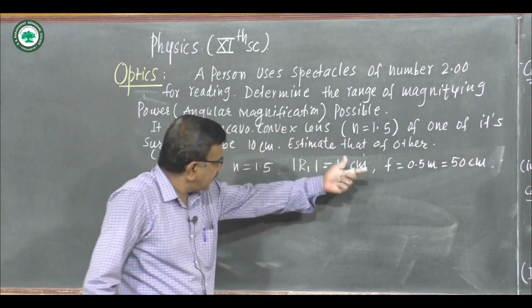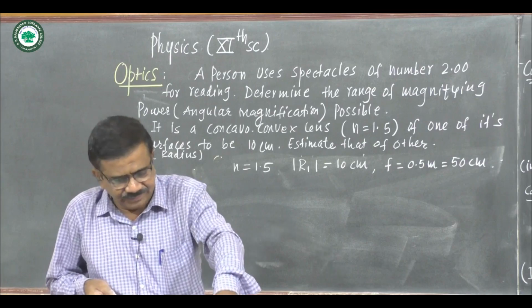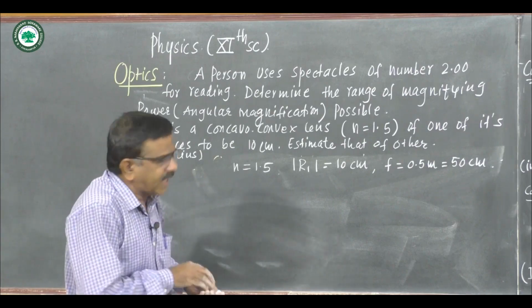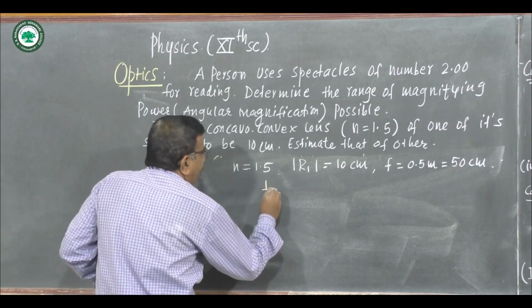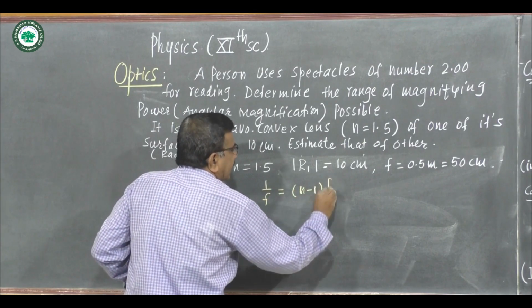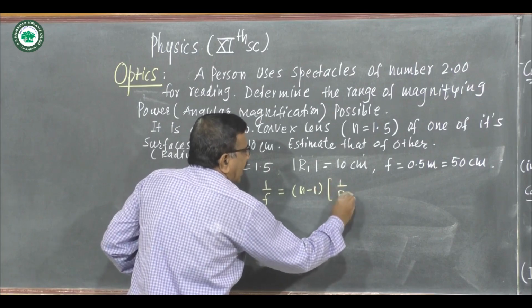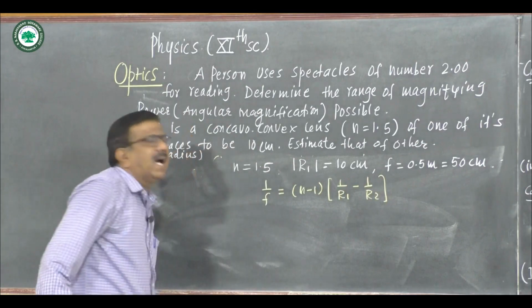As the radius is in centimeter, we convert the focal length to centimeter. By the lens maker's equation, 1 upon f is equal to (n minus 1) times (1 upon R1 minus 1 upon R2).